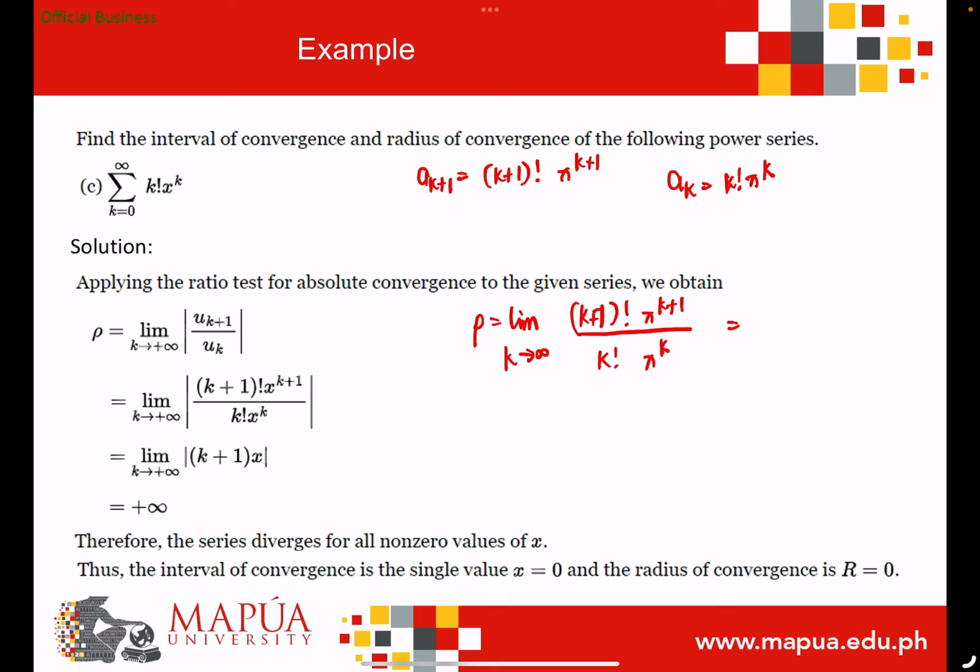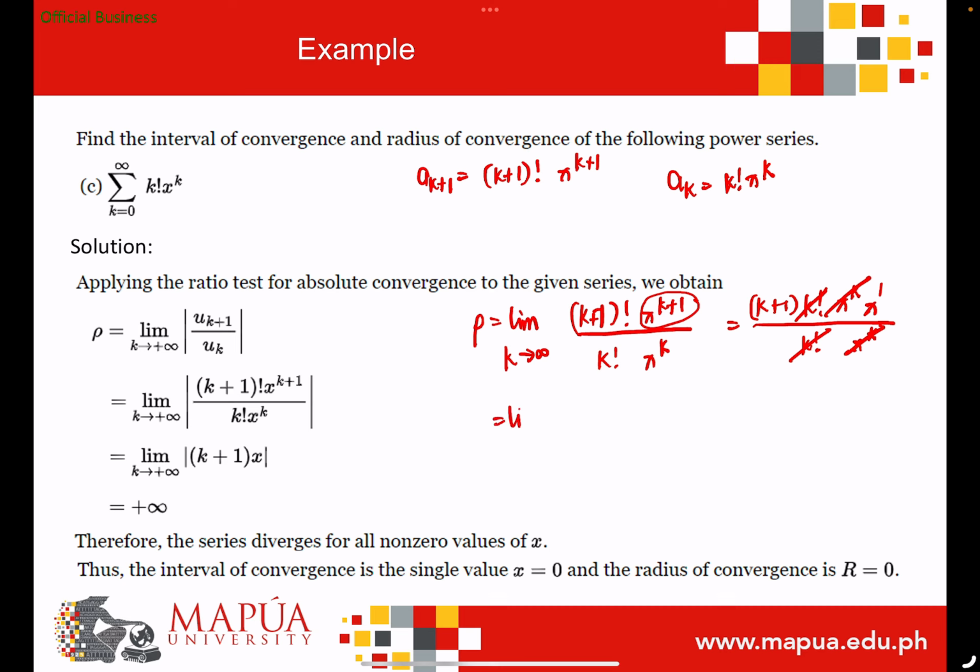infinity. We define k plus 1 factorial as k plus 1 times k factorial, and we define x raised to k plus 1 as x raised to k times x raised to 1, over k factorial x raised to k. So we can cancel out x raised to k and k factorial.